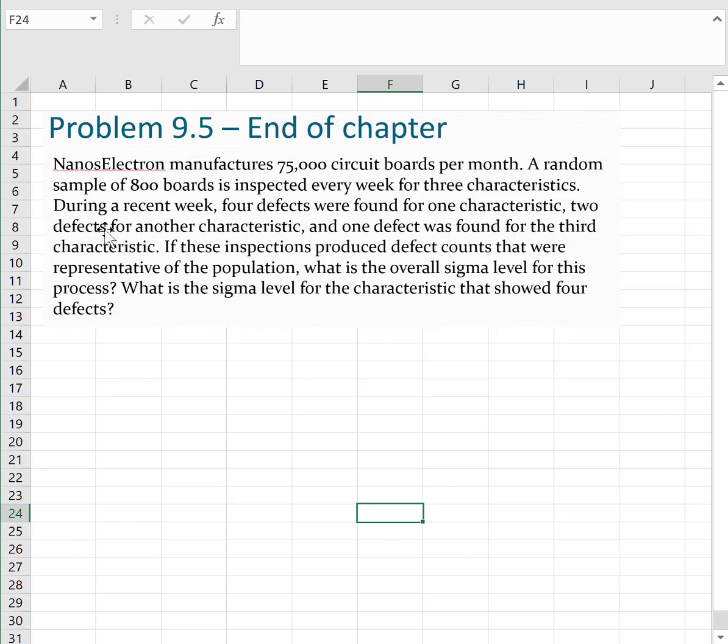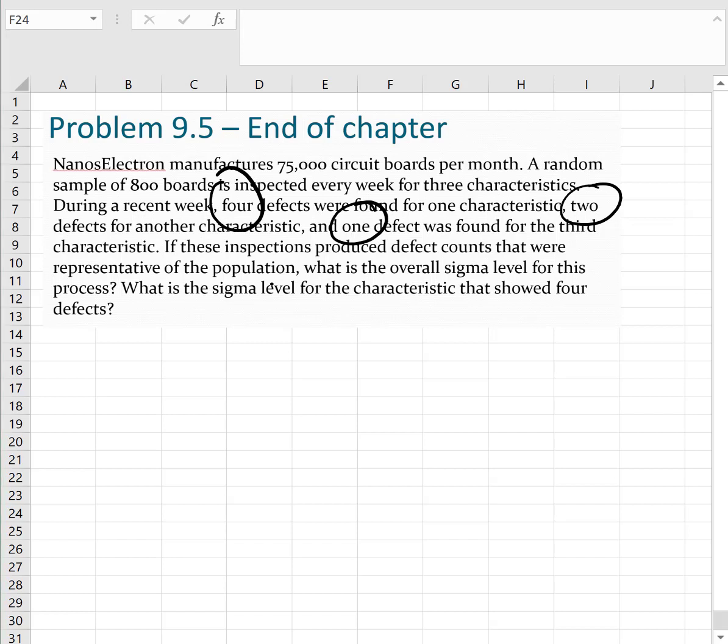During a recent week, 4 defects were found for 1 characteristic, 2 defects were found for another characteristic, and 1 defect was found for the 3rd characteristic. If these inspections produce defect counts that were representative of the population, what is the overall sigma level, and what is the sigma level for the characteristic that showed 4 defects?